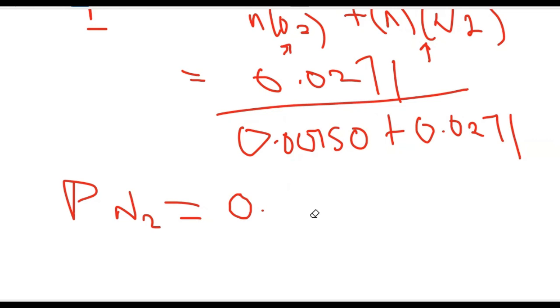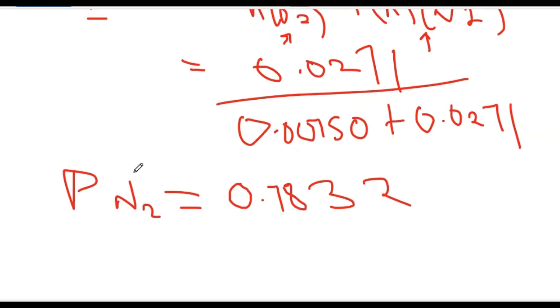So I'm dividing 0.0271 in brackets, divided by, what do I have down there? I have 0.00750 plus 0.0271. This is correct now. I have 0.7832.